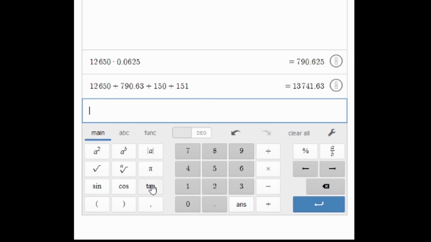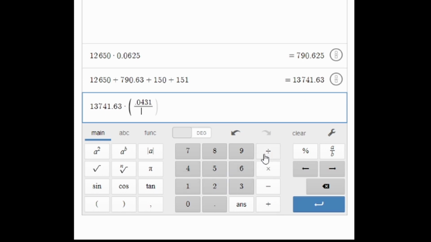The first thing I'm going to do is take my initial amount with taxes and everything. I'm going to multiply by, and it's in a parentheses. I'm going to open parentheses. I'm going to take 0.0431. That was the percent.